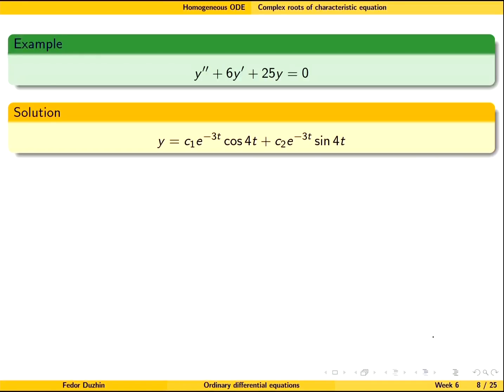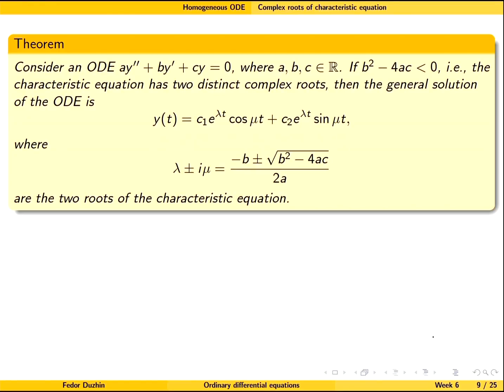Although we have gone through a particular example and there is no such thing as a proof by example, if you go through the general theorem, it will have all the same steps as this particular example, only with lambda and mu instead of 3 and 4.